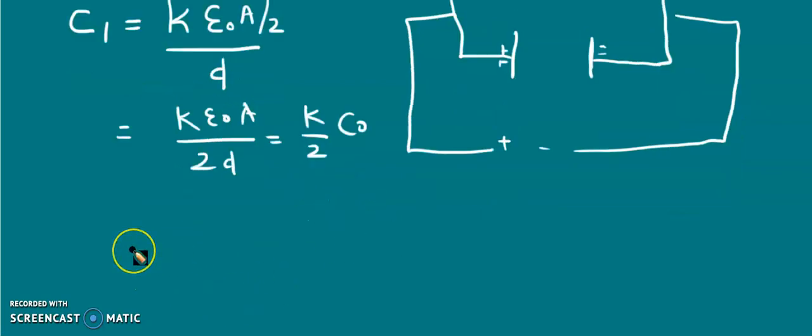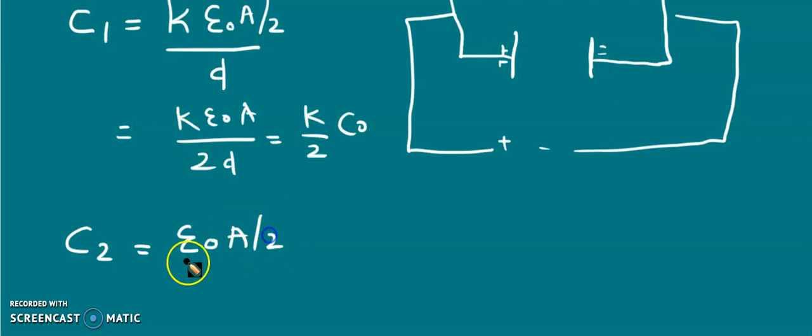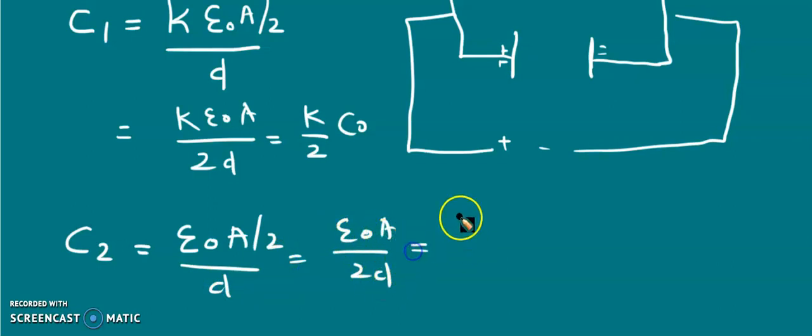Now we can find the capacitance C2, which is filled with air. It is epsilon 0, since K is 1, and the area is again A by 2, divided by D. So epsilon 0 A by 2D, and epsilon 0 A by D is C0, so it is C0 divided by 2.